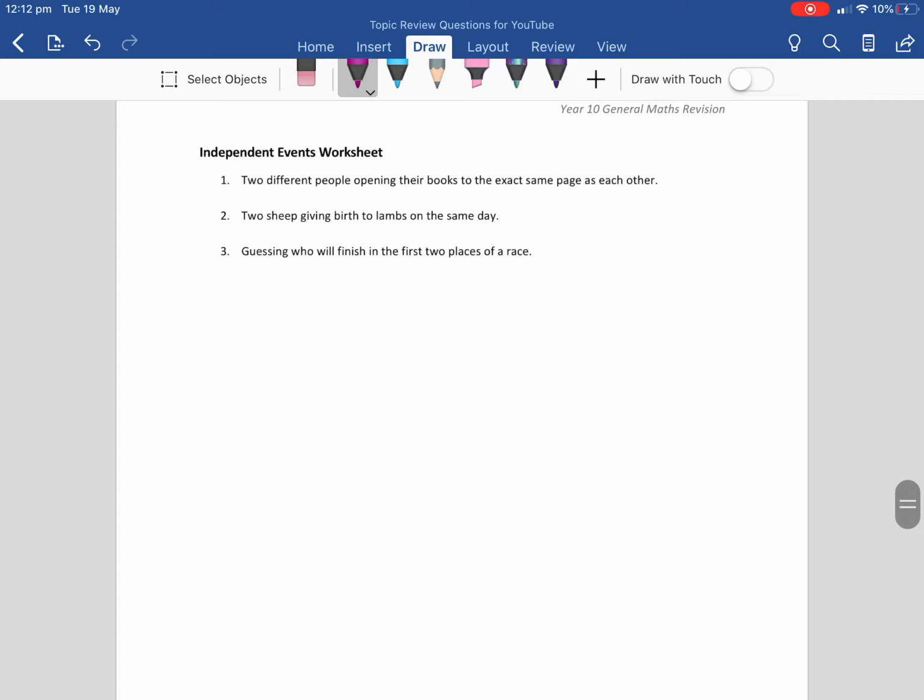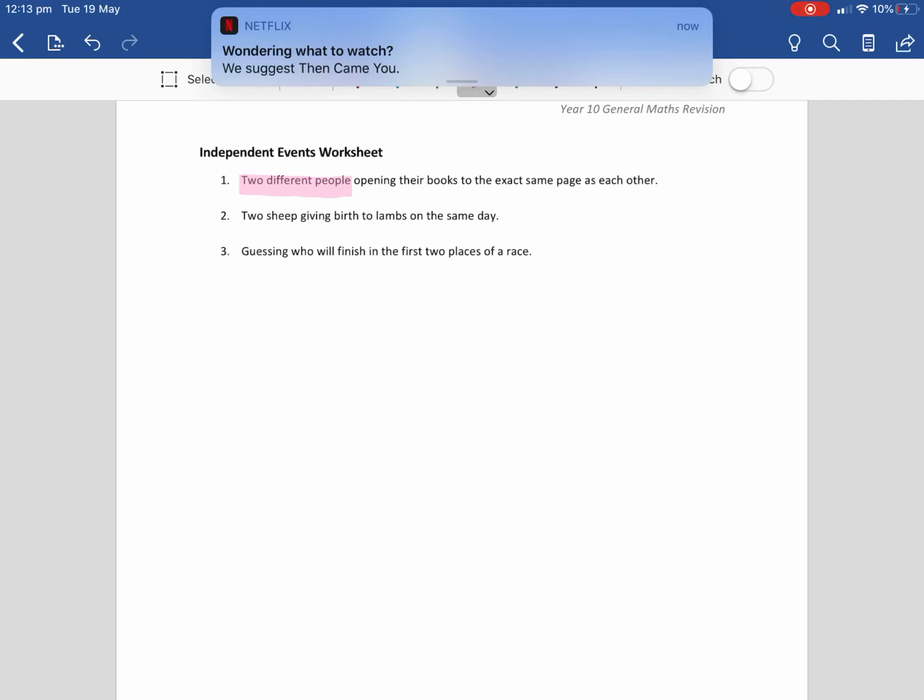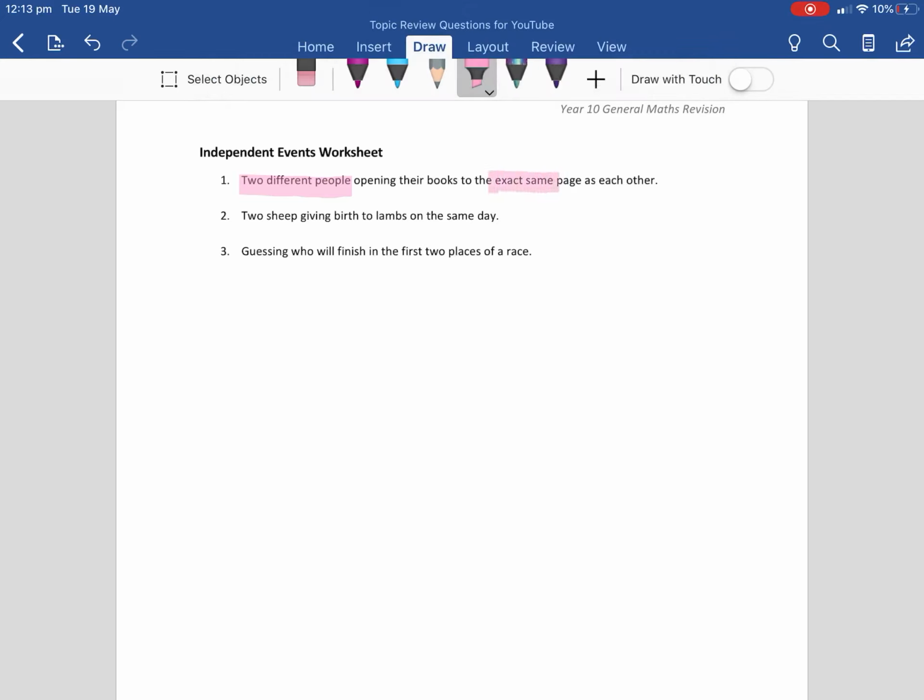Now, we've got the independent events worksheet. That was a worksheet we did, I think it was last week. But we need to know the difference between independent and dependent. So we've got 3 different ones here. First, 2 different people opening their books to the exact same page as each other.